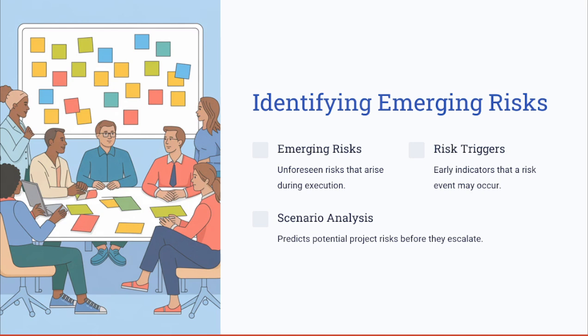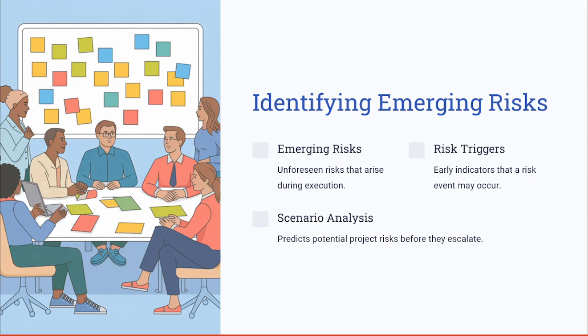Let's now understand identifying the emerging risks. Emerging risks are those that were not initially identified. If you recall, when we were planning the project and we set our risk register, we identified our risks, we have done our qualitative and quantitative analysis, we set all of these mitigation plans.